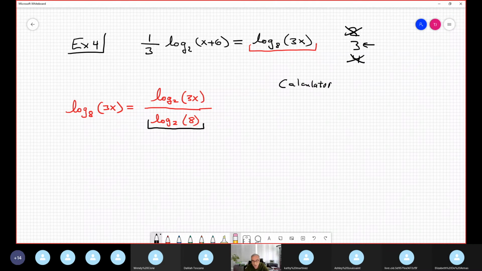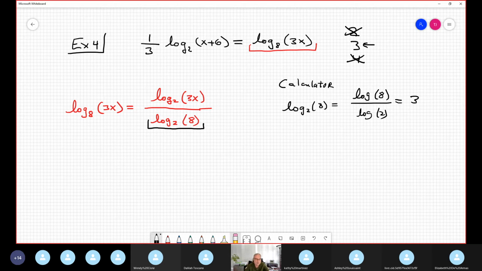Calculator, okay, good. So one more time, I apply the property A, the change of base formula. Logarithm base 2 of 8 is equal to log of 8 in my calculator divided by log of 2 in my calculator. The base is not specified because it's supposed to be 10, the standard. You put it in the calculator and the answer is 3.